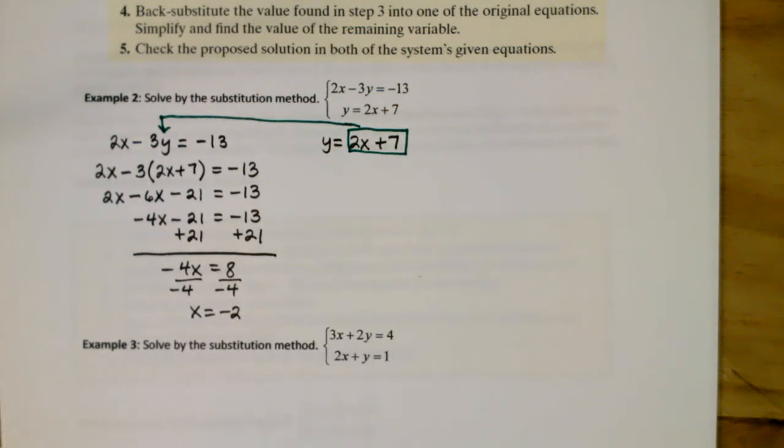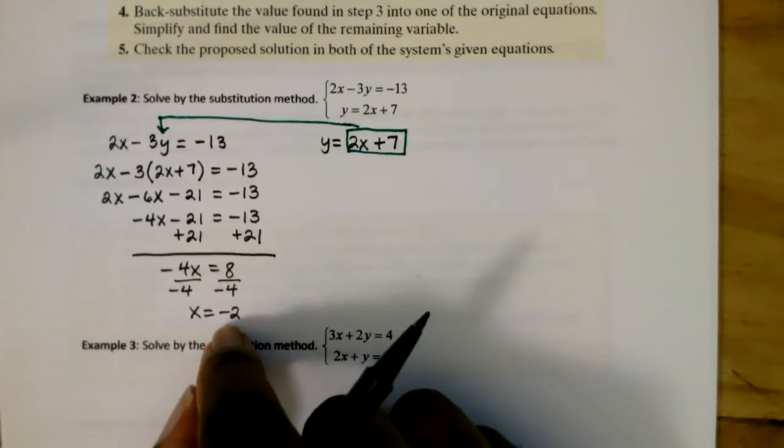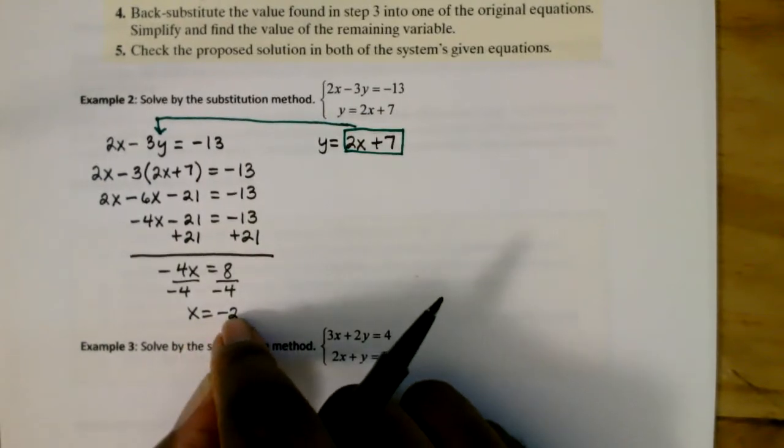I also need to find out what y is because when I'm solving a system of linear equations, I need an x and a y, which represents the ordered pair that satisfies that system. Well, I know y equal 2x plus 7, and I've solved for x, and it came out to be negative 2.